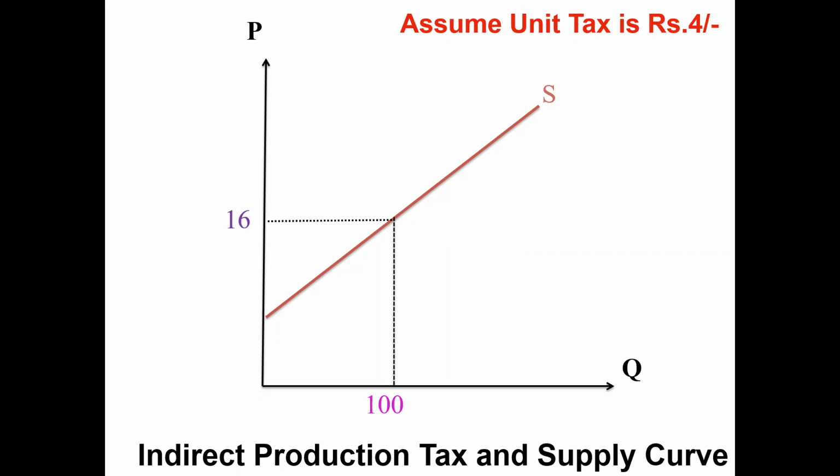Now think. The seller needs 16 rupees. The seller has to pay 4 rupees to the government. Now, to supply 100 units, price should be how much? Madara?